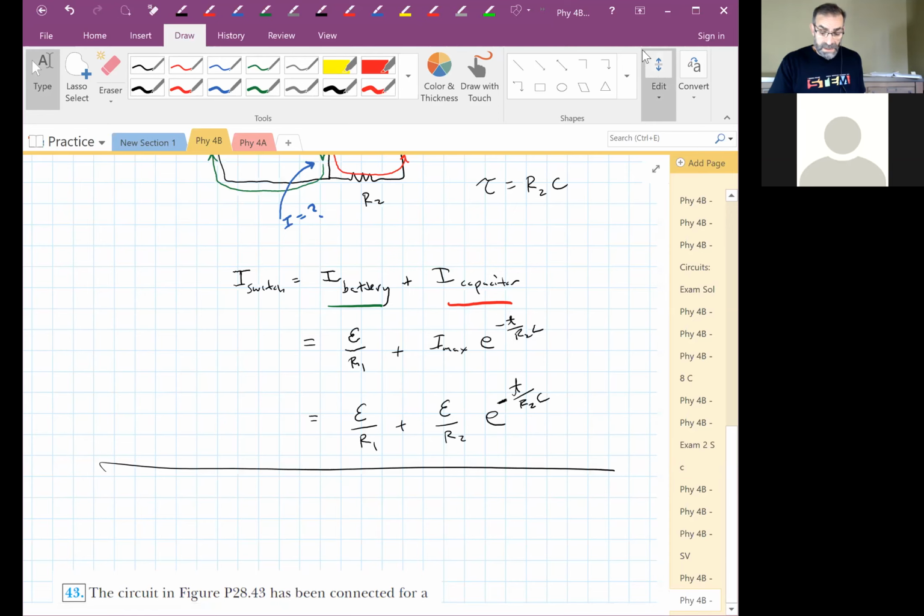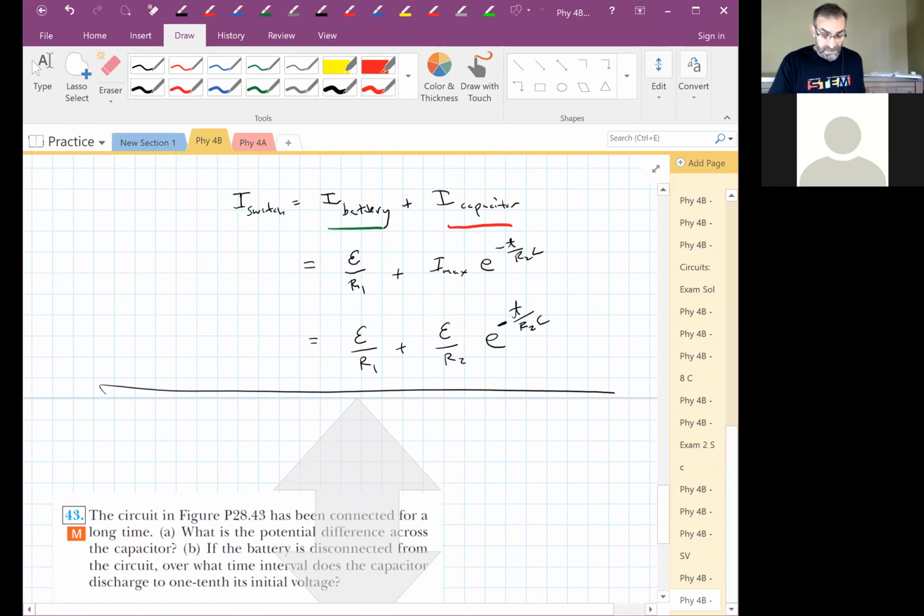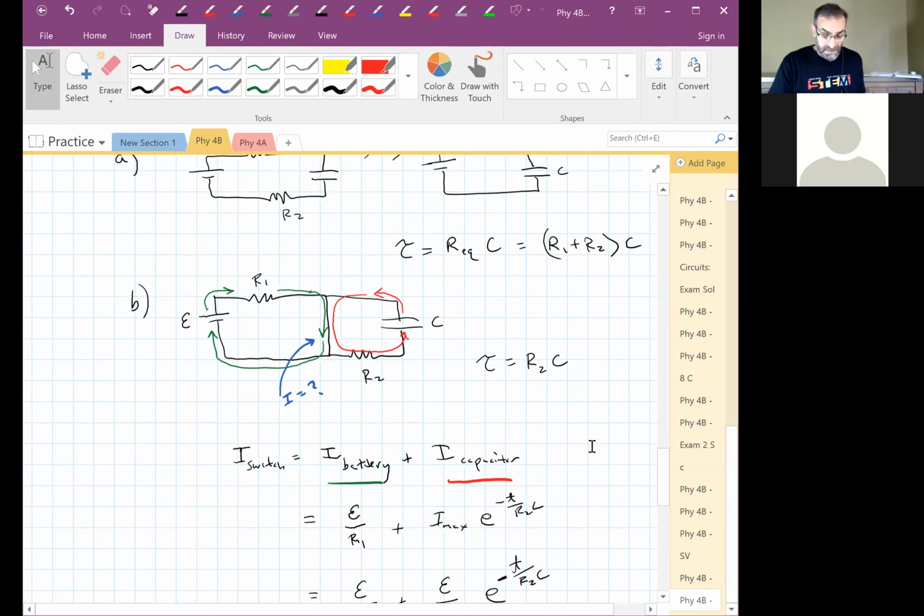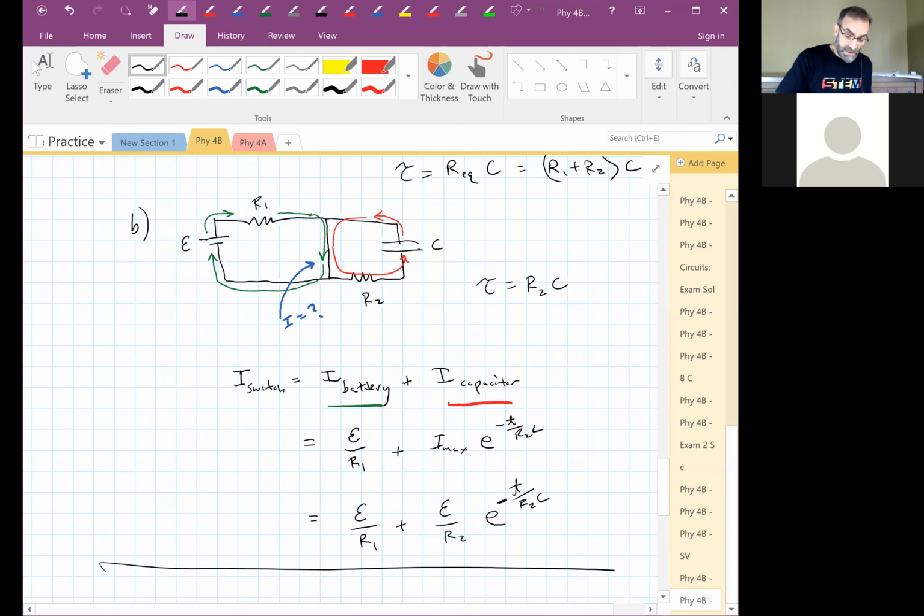The formula is, well, first of all, this is a discharging capacitor. Right? Where is this red current coming from? It's coming from the fact that the capacitor is discharging. That's a discharging capacitor that's forming the current.